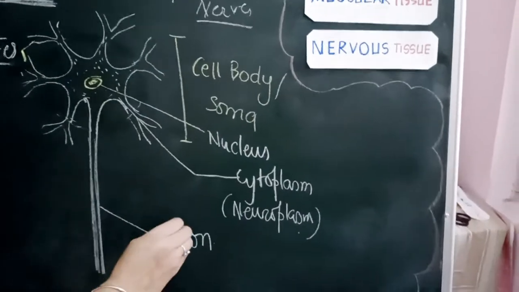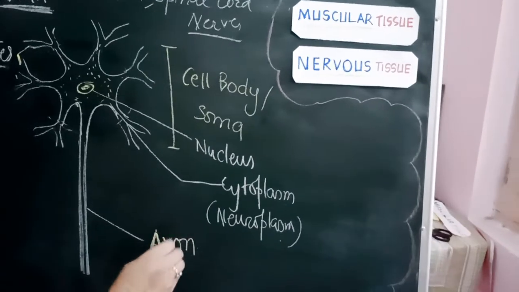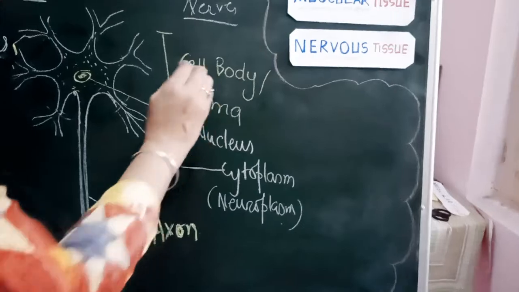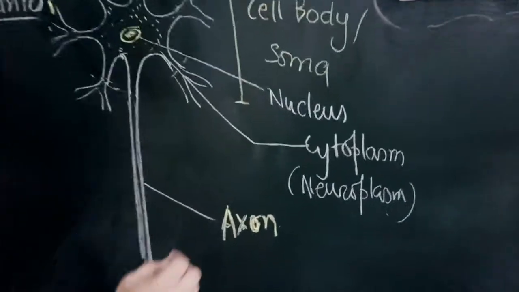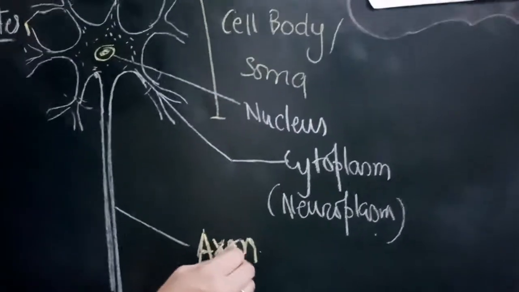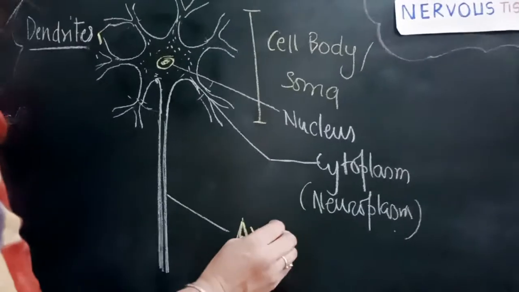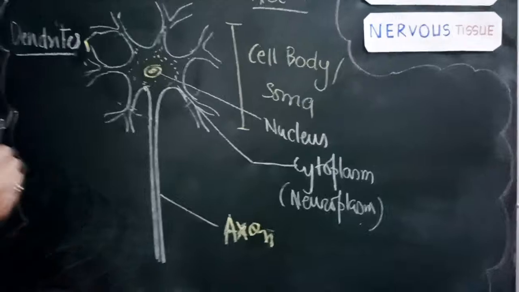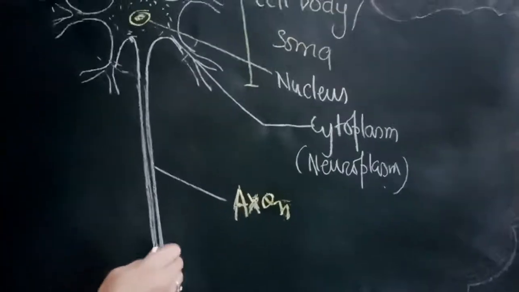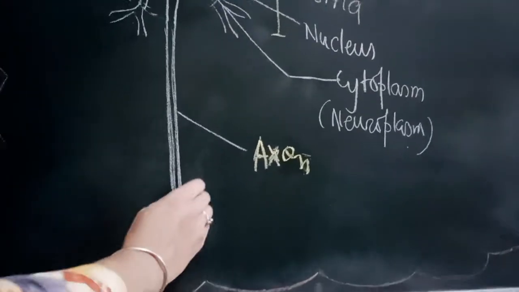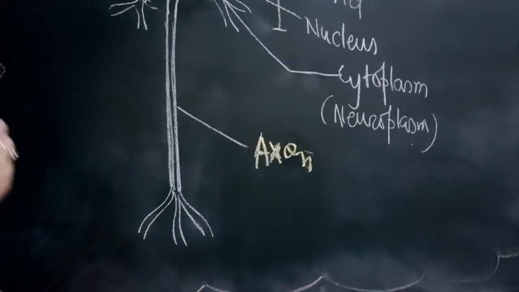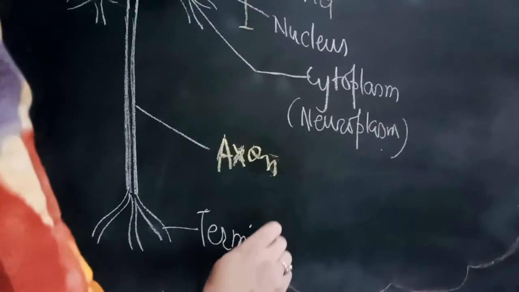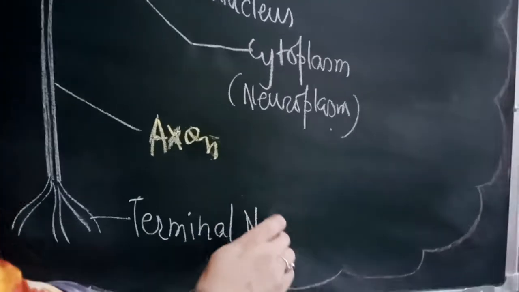So actually the neuron appears to be made up of two parts, the cell body, the expanded part, and the elongated part, that is called the axon. The axon then terminates into small branches, which are called the terminal nerve endings.